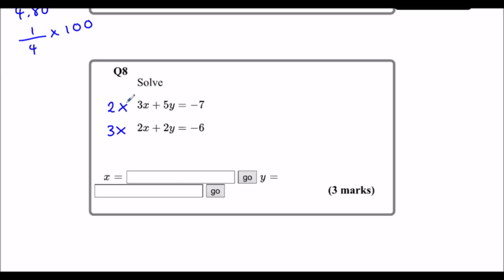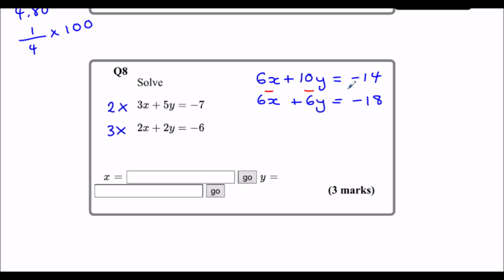So the whole top line times 2, 6x + 10y = -14, and the whole bottom line multiplied by 3, 6x + 6y = -18. So I've made the x's the same, so I can eliminate them.